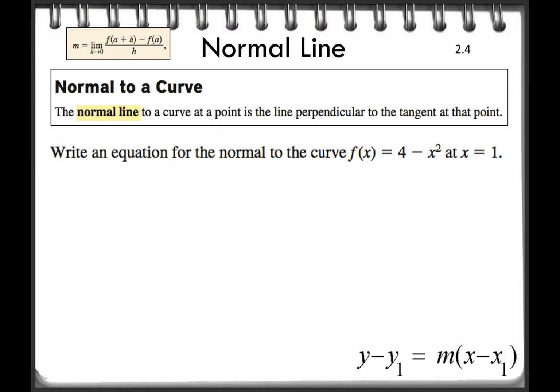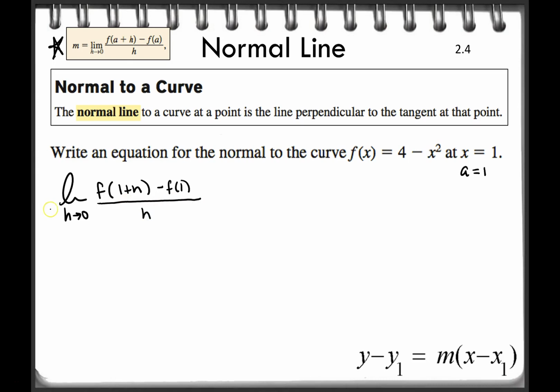We're just going to do this exactly the same way that we've been doing it on the previous slide, where we're using this formula right here. So I'm going to have my limit as h approaches 0 of f of 1 plus h minus f of 1 all over h, since my a is equal to 1 here.